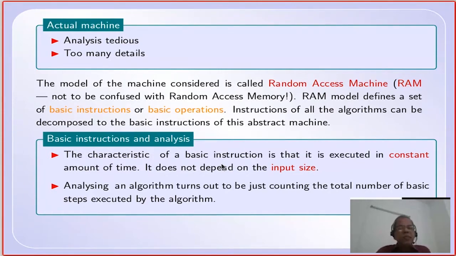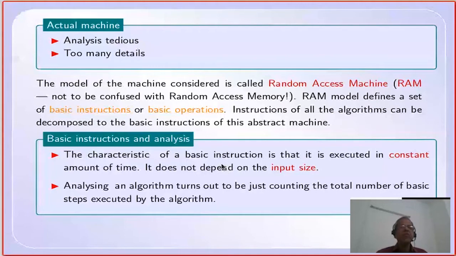Whenever we have an algorithm, all that we have to do is identify what is the basic instruction or the basic operation performed by the algorithm. Then just count the total number of times the basic instruction is executed by the algorithm. Very simple. How do you analyze an algorithm? Count the total number of times the basic instructions are executed. There may be one or more basic instructions.